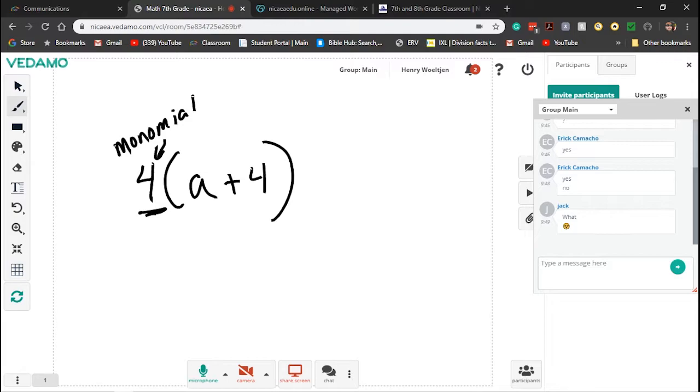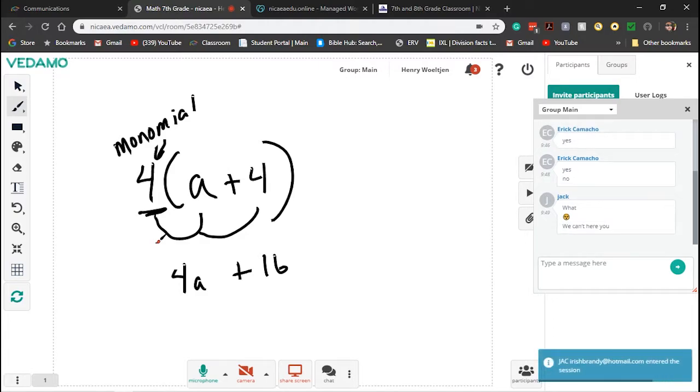All these, it's pretty obvious what number they want you to distribute, right? So you're going to distribute this, so it'll end up being 4a plus 16. Now, if there's no variable here, you can just go ahead and multiply. 4 times 4 is 16, 4a plus 16.